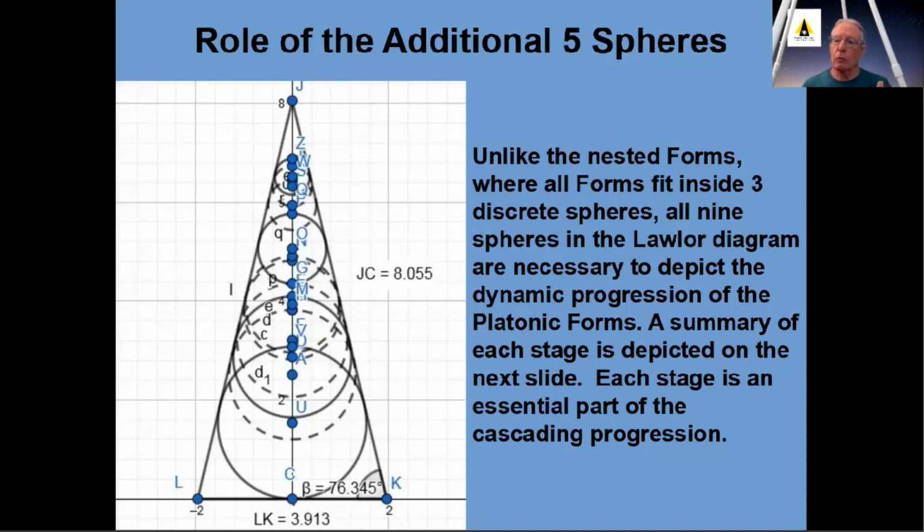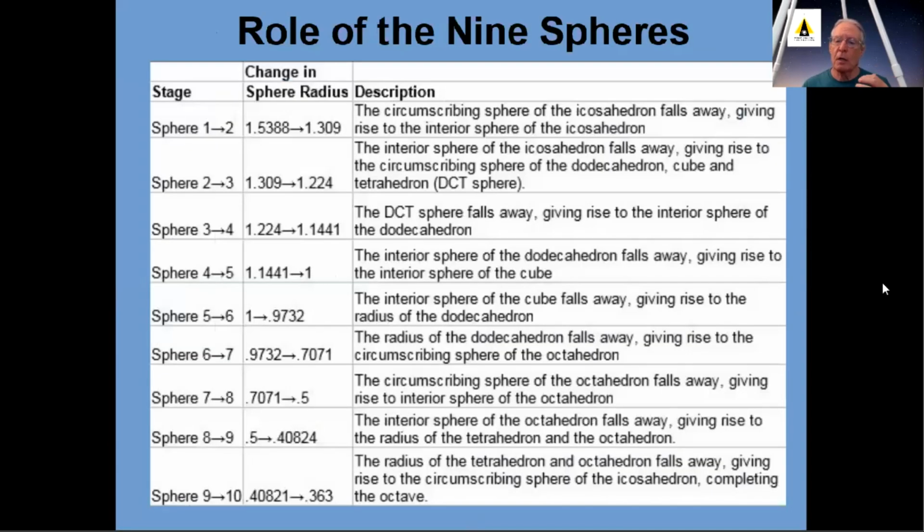So let's move on now to the last page, which shows the role of the 9 spheres and the 9 stages of progression. When we go from sphere 1 to sphere 2, you can see the change in the sphere radius is from 1.5388 to 1.309. And I give a description in each case.